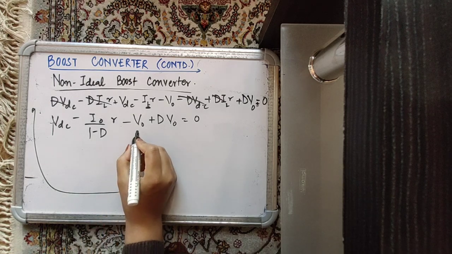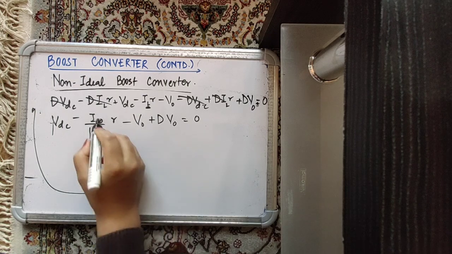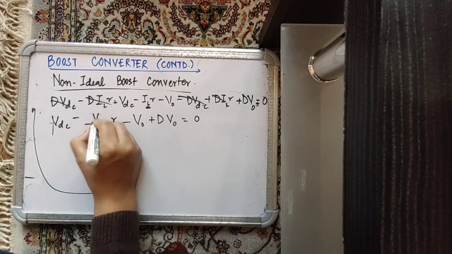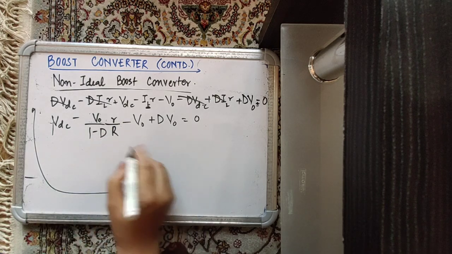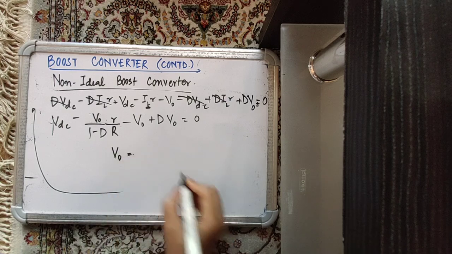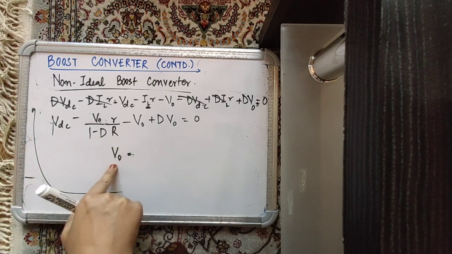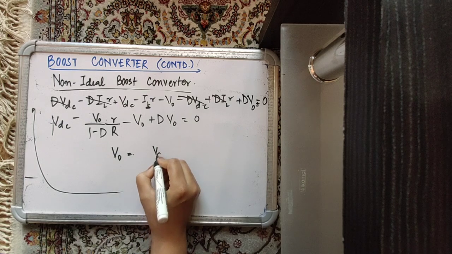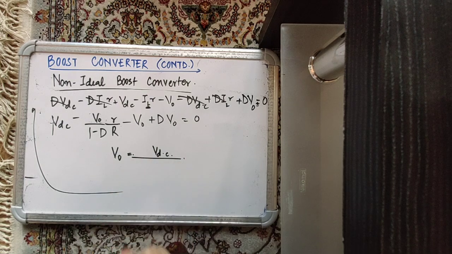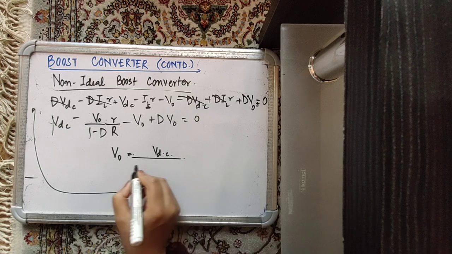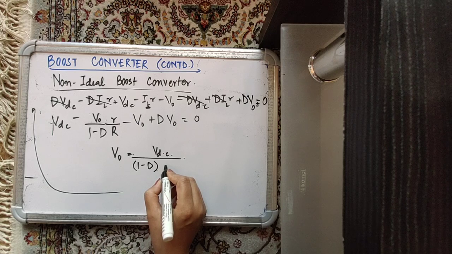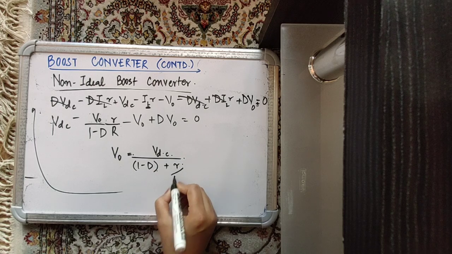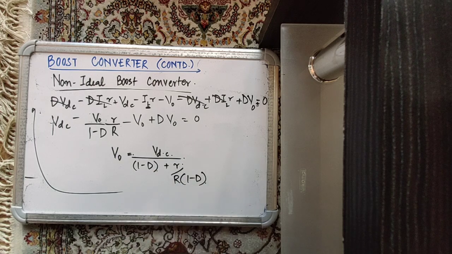I can also write I naught as V naught upon load resistance R. So if I manipulate a little more, I get V naught is equal to VDC upon (1 minus D) plus R upon R(1 minus D).